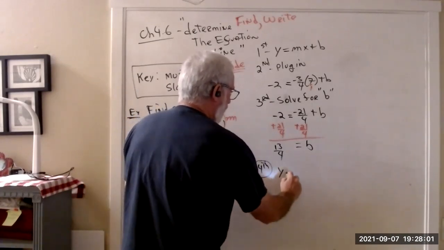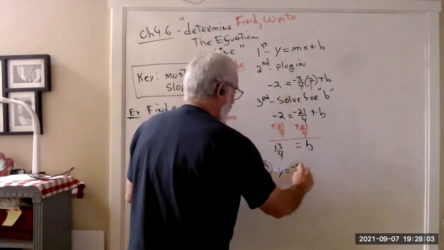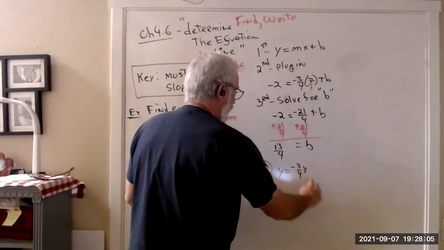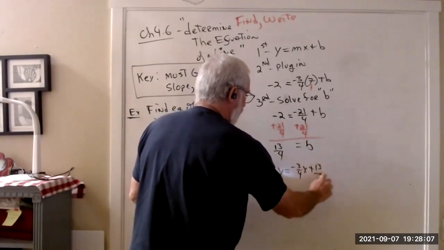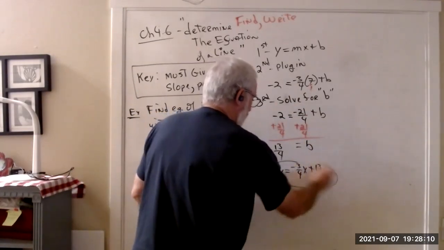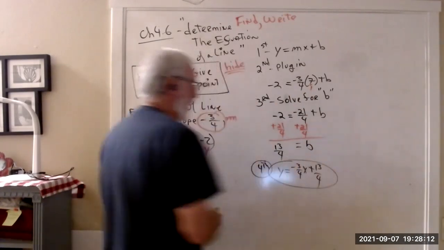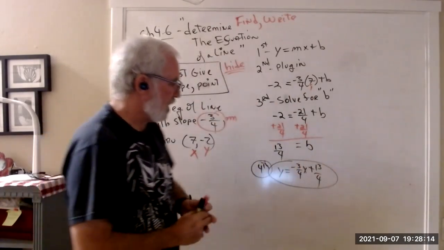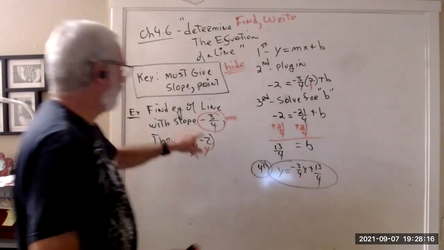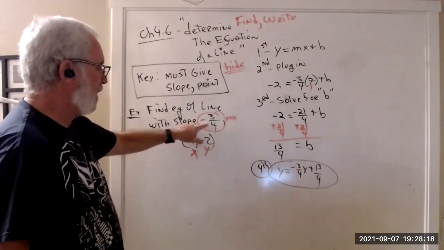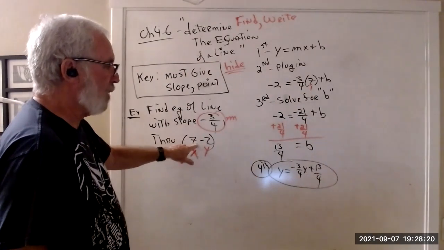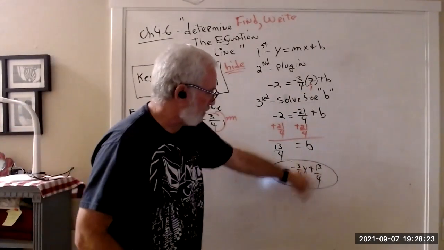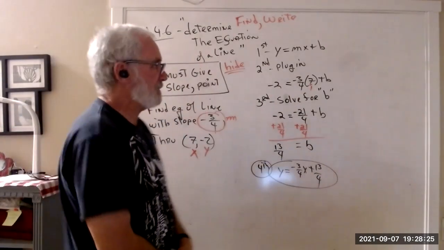We have y equals -3/4 x plus 13/4. That's it. We're done. That's the equation of the line that has -3/4 as its slope. It passes through that point, but we needed to write it in that format. That was it.